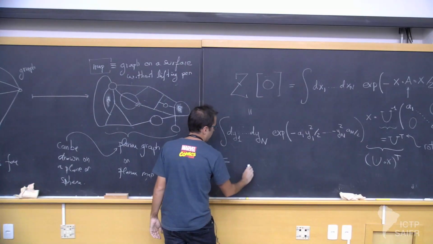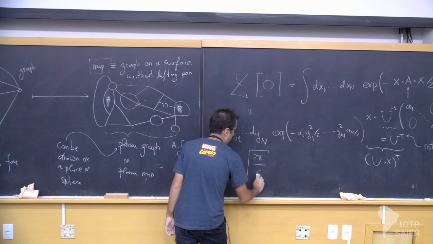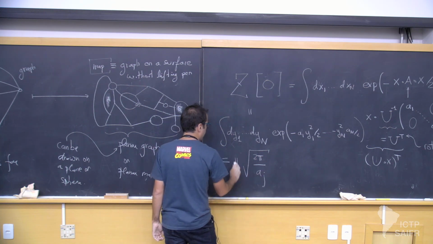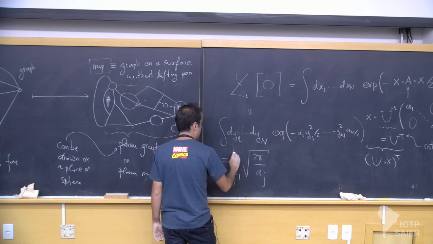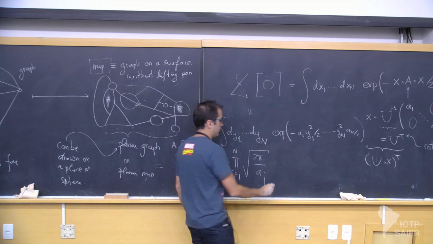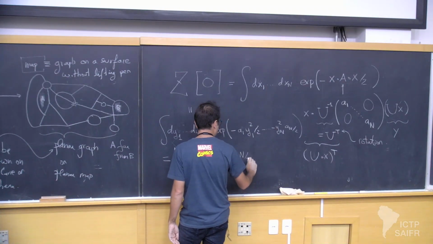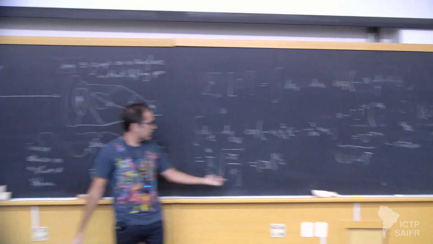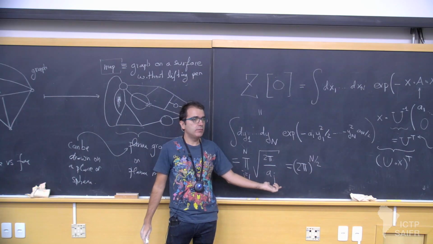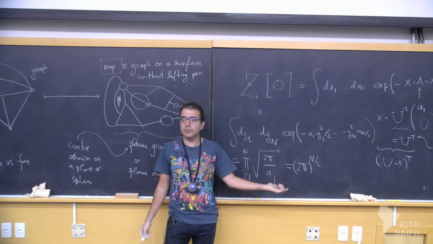So each of them gives square root of 2 pi over aj, and we have the product from j equals 1 up to n. So we get 2 pi to the power n over 2. And now I have the product of eigenvalues of the matrix. But what is the product over the eigenvalues of the matrix? That's the determinant of the matrix.